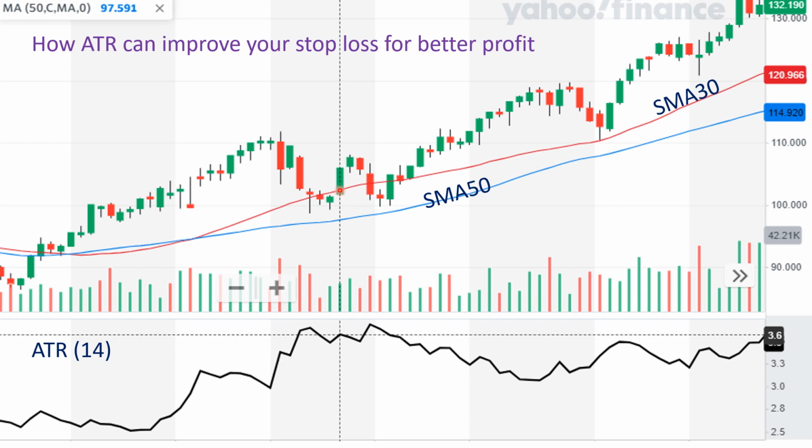So I'm going to put $3.60 below the $101.50, the dynamic support or SMA 30. So the stop loss is going to be $98. So the entry price is $105.90, and the stop loss is going to be $98.